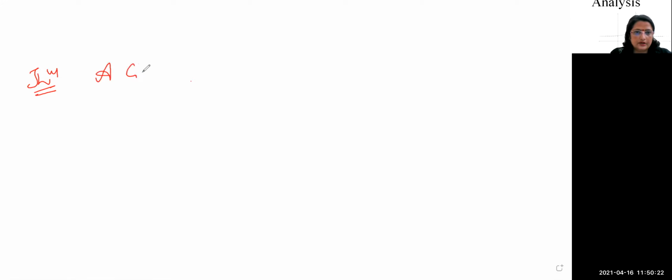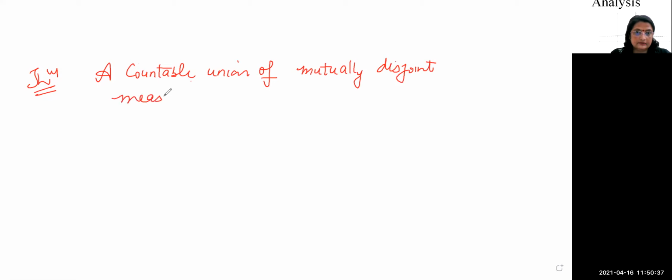A countable union of mutually disjoint measurable sets is measurable.